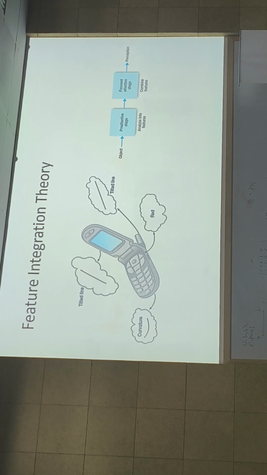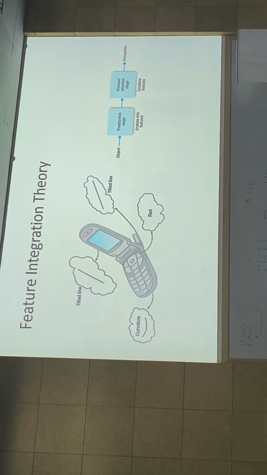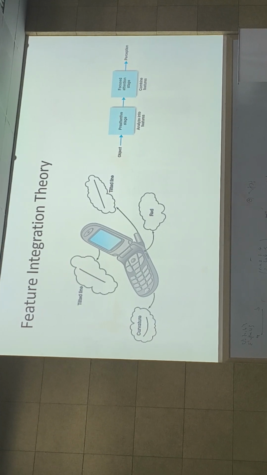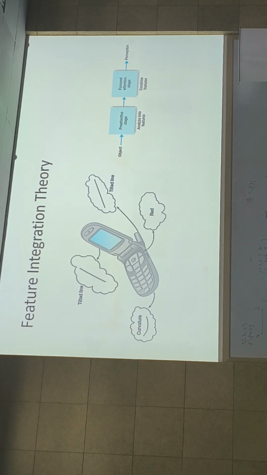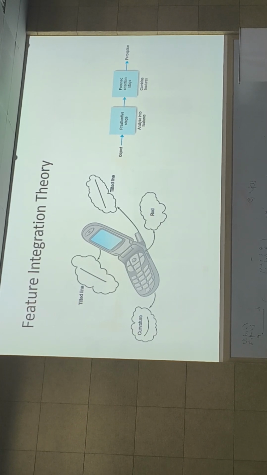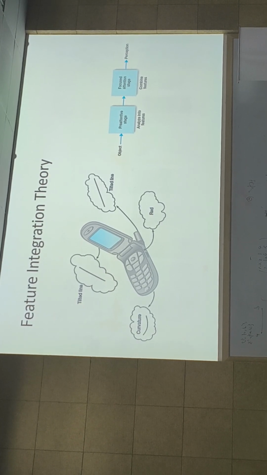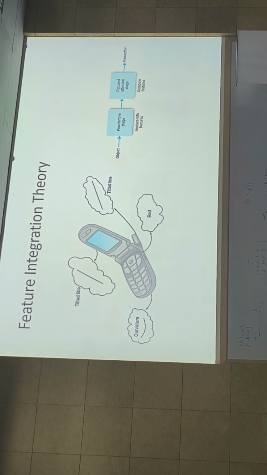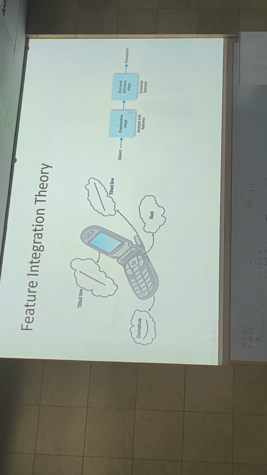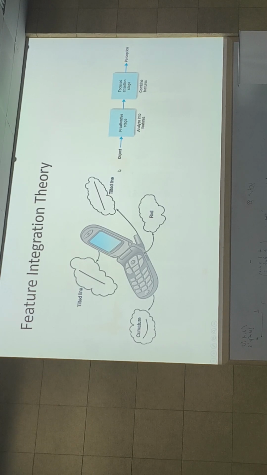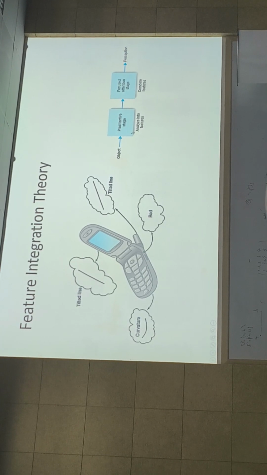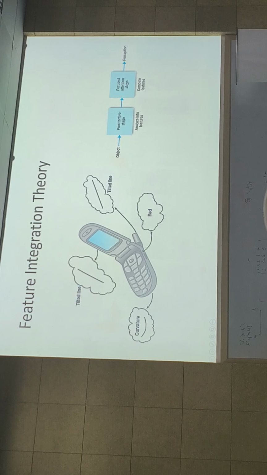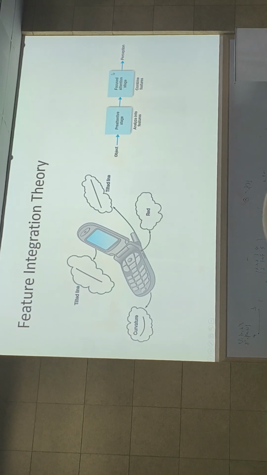Feature integration theory actually allows us to recognize an object based on more separated phases of the process when we identify the object. So first we have what is called the pre-attentive stage, and then after breaking down the object into all these different features, we tend to combine them at this level where we put our attention.